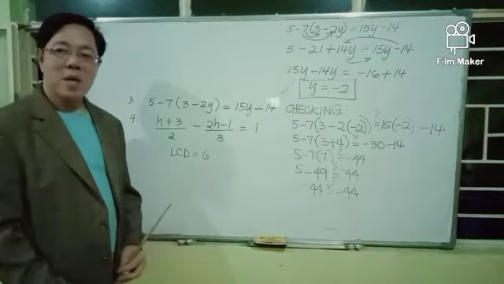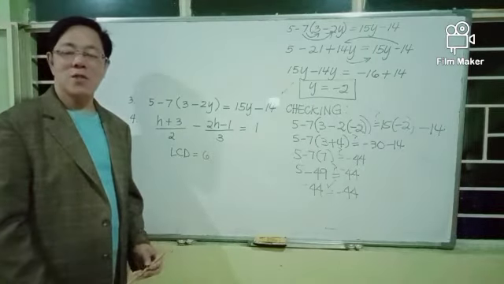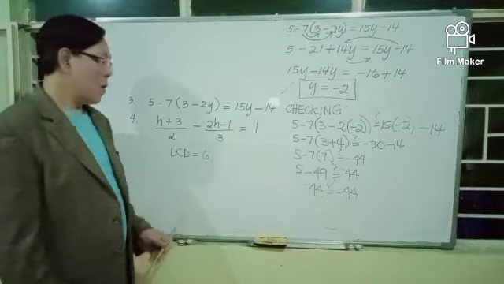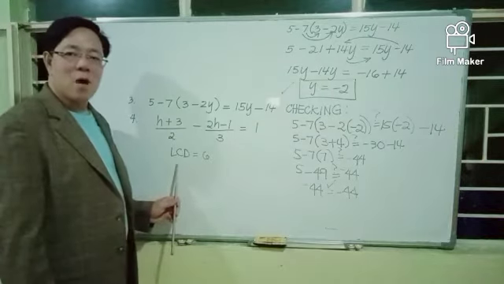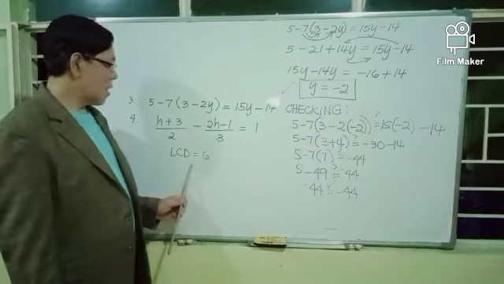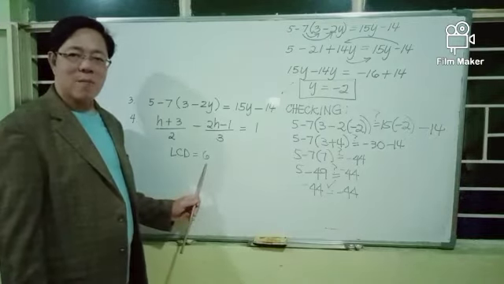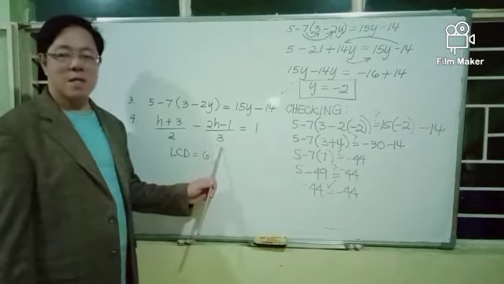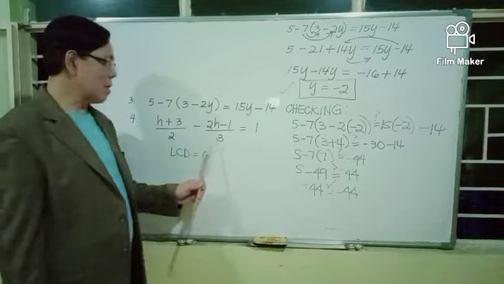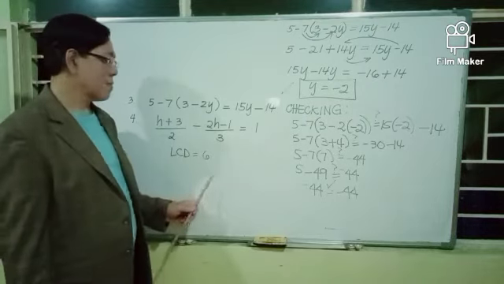But to make the process easier, we take the lowest common denominator. And that lowest common denominator is 6. The smallest number that can be divided by the denominators 3 and 2 is 6.